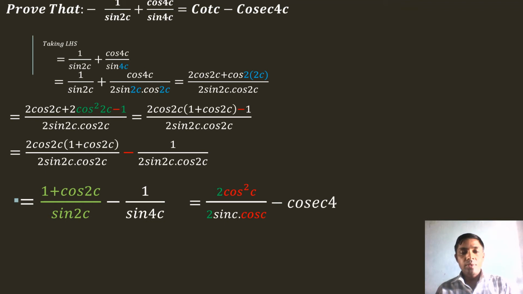In the denominator we have opened the formula of sin 2c, and here we have got cosec 4c as the result of 1 upon sin 4c. Again some terms will cancel out, cos c will cancel out, 2 will cancel out, so cos upon sin is cot. So cot c minus cosec 4c. This is only our RHS.